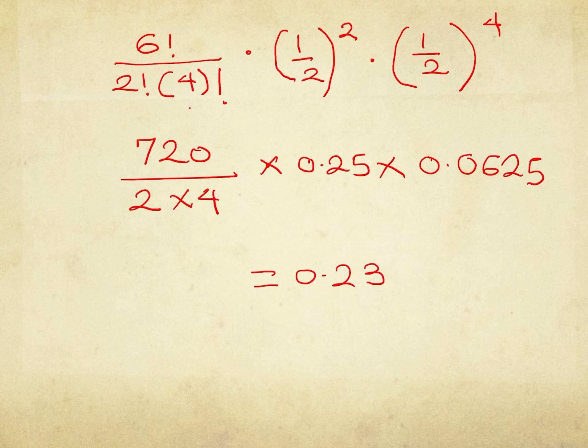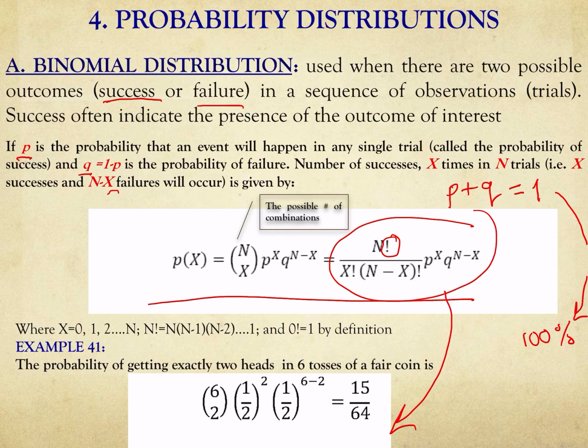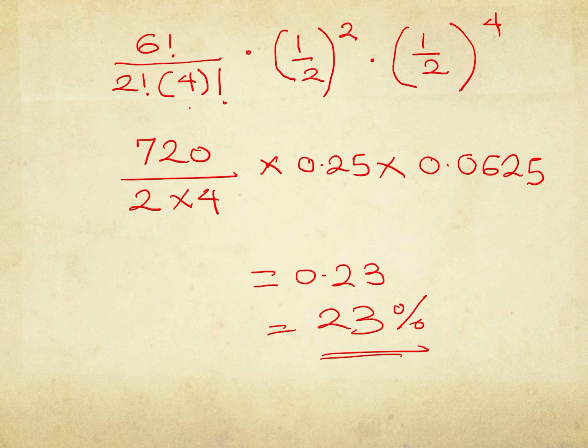But oftentimes, probabilities are better represented as percentages, so this is the same thing as 23%. What that means is that there is a 23% chance of having 2 heads in 6 tosses of a fair coin. So that's how we came about that.